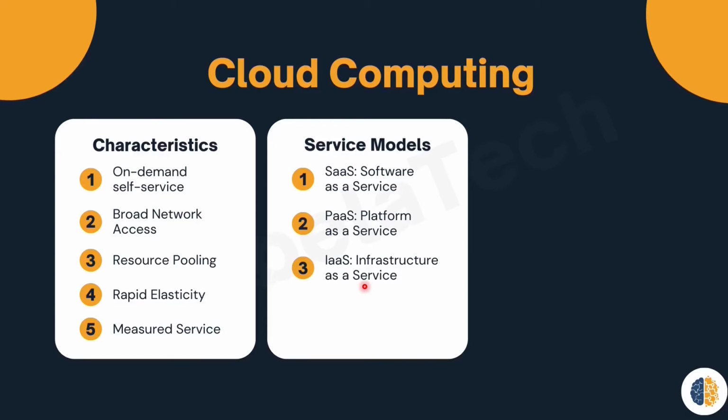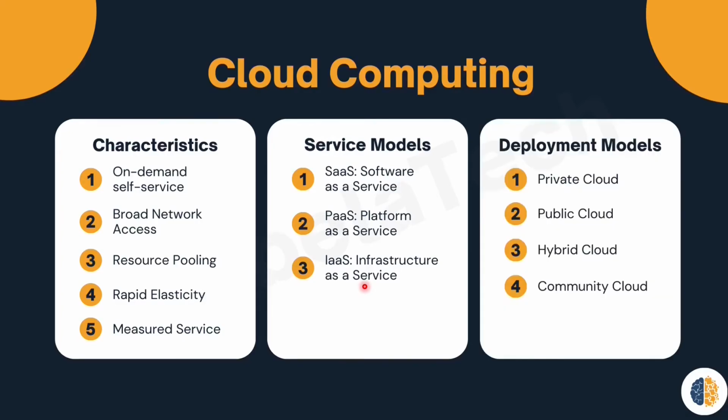The next one is deployment models. 1. Private cloud. It gives a single cloud consumer's organization the exclusive access to and usage of infrastructure and computational resources. 2. Public cloud, in which the cloud infrastructure and the computing resources are made available to the general public over the network. 3.